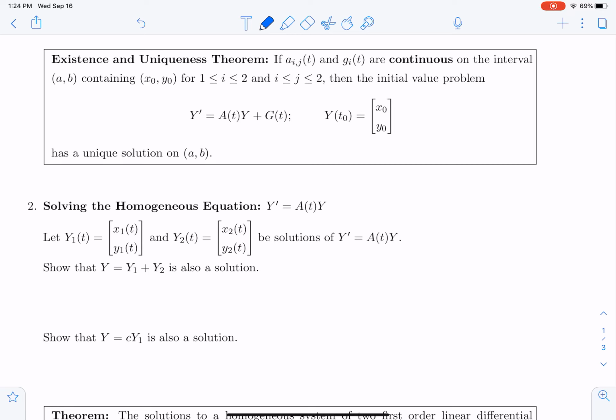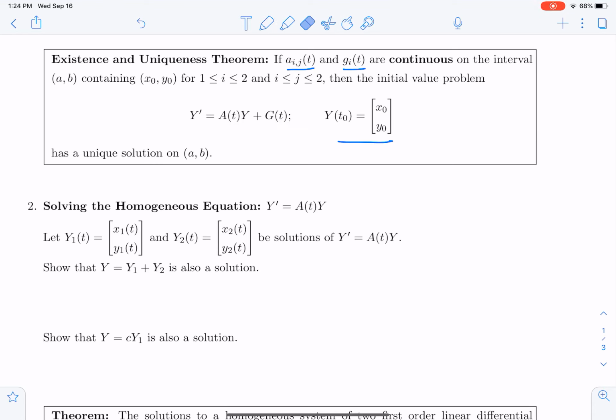That says that if the coefficients in the matrix are continuous and the functions g_i of t are continuous, then our initial value problem, which written in matrix form is Y prime equals A of t Y plus G of t, plus the initial condition Y of t0 equals x0, y0, has a unique solution on that same interval where the A of t's and the g_i of t's are continuous.